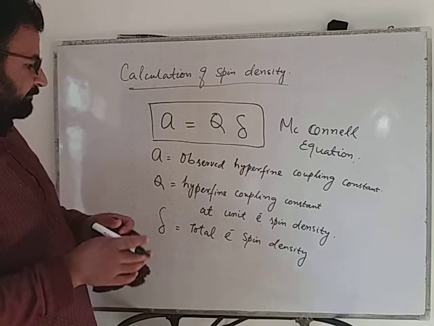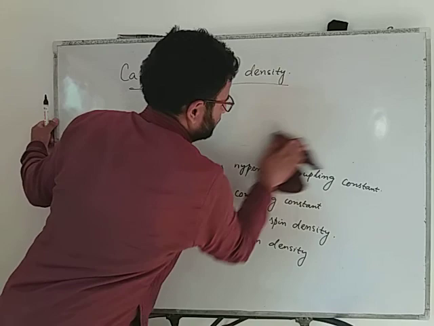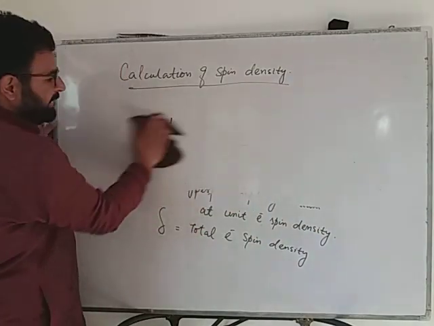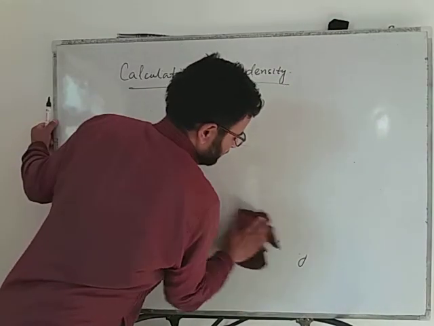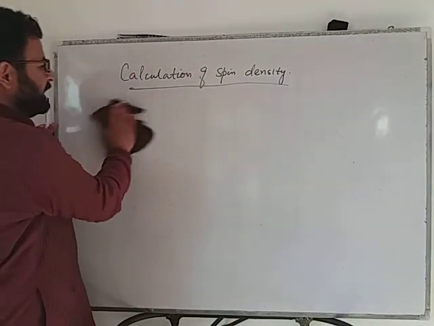Okay, fine. Now, for example, we have an electron which influences the electron spin density on the hydrogen.